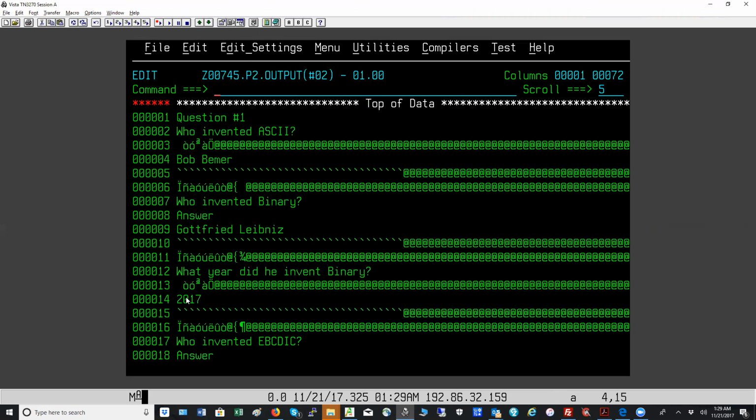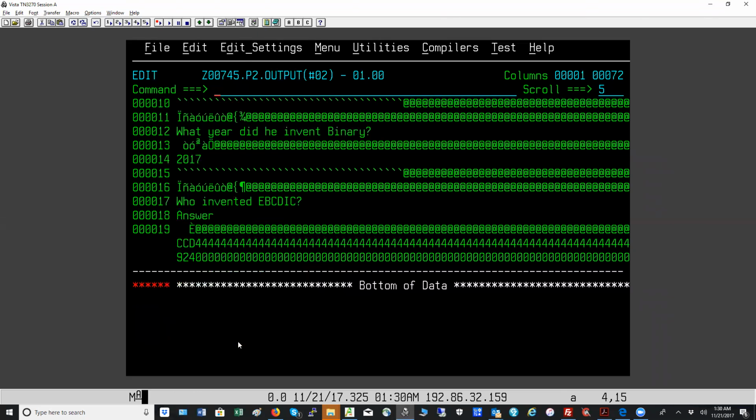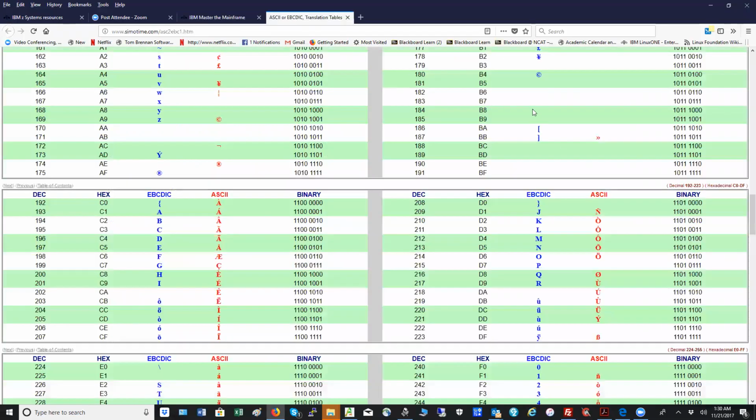You have to type that over. Line 14 is where whatever the year is, and then you change these C9, C2, and D4 to whatever the decimal representation is from this table.